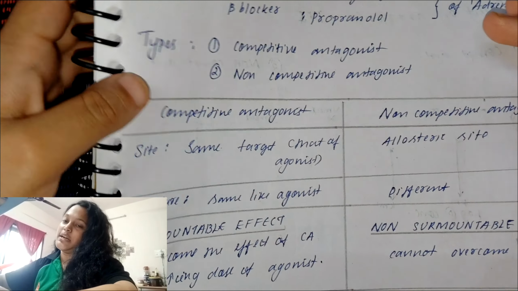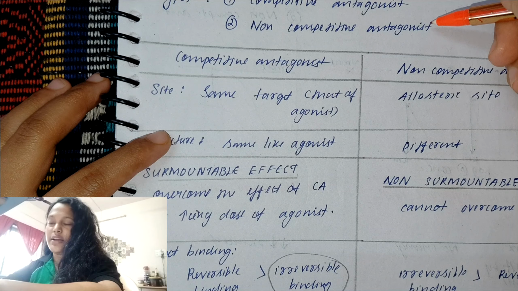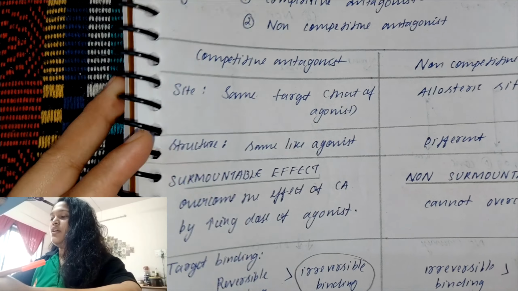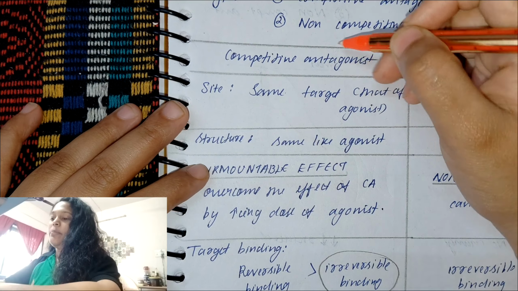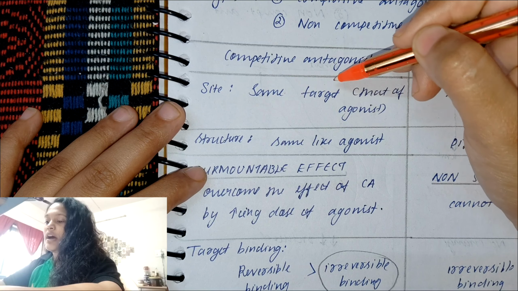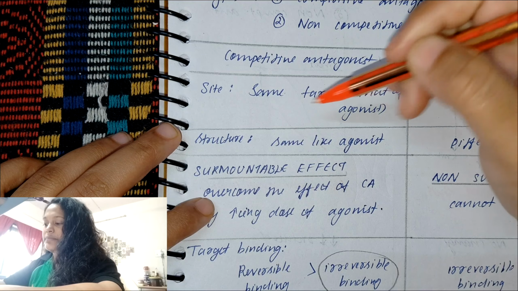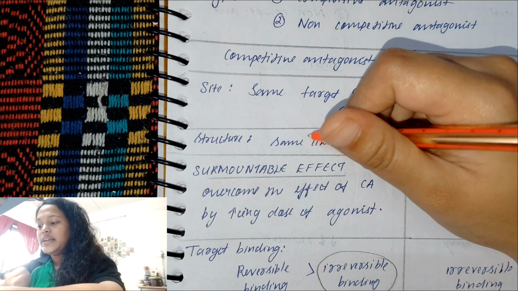Now, what are the two types? I told you there is competitive antagonist and non-competitive antagonist. First, we will learn about competitive antagonist. For a competitive antagonist, the site will be the same target as that of the agonist, and the structure of this competitive antagonist will, of course, be the same as the agonist.